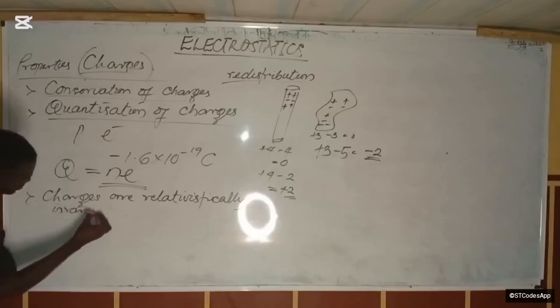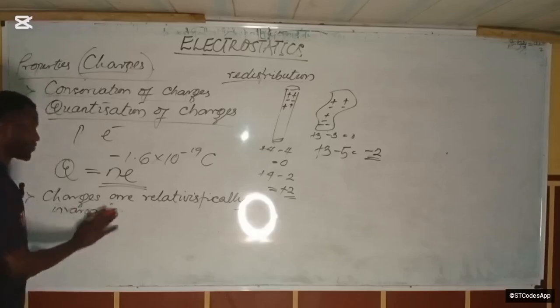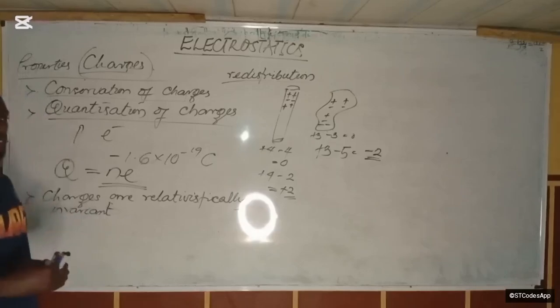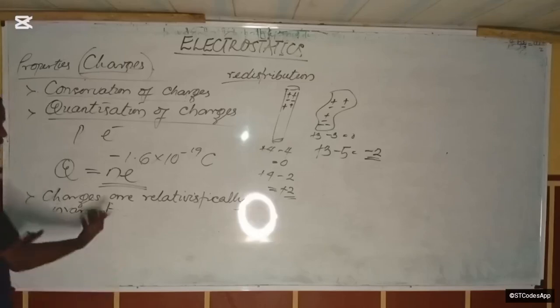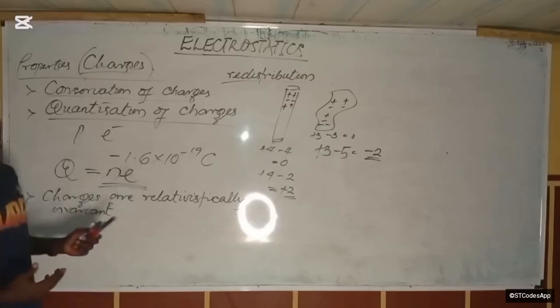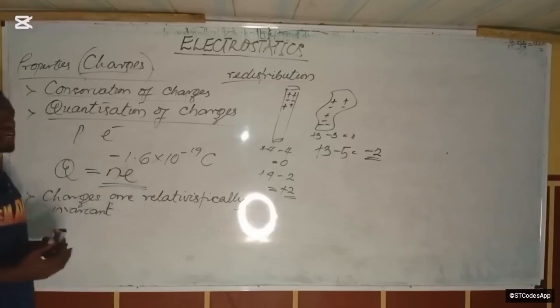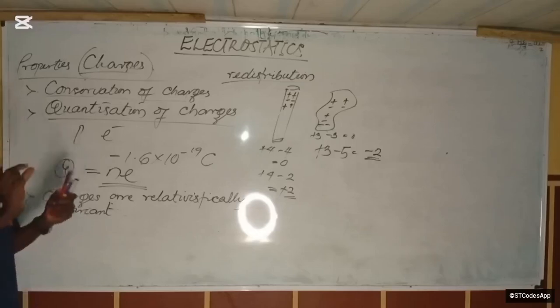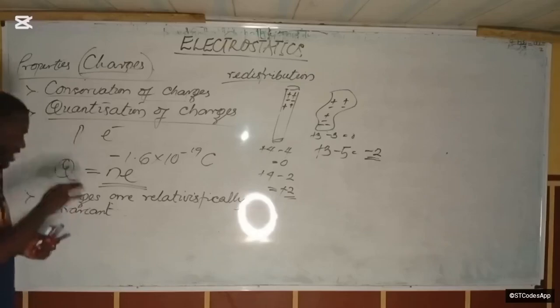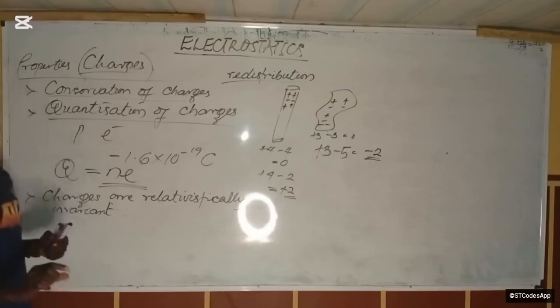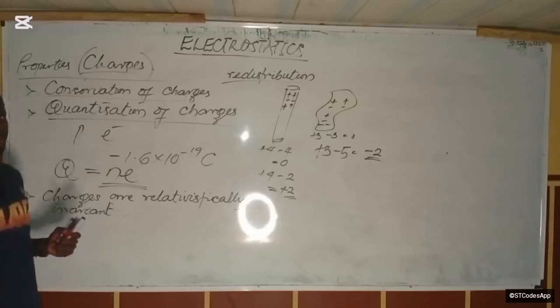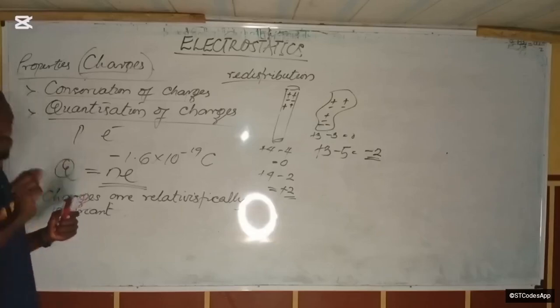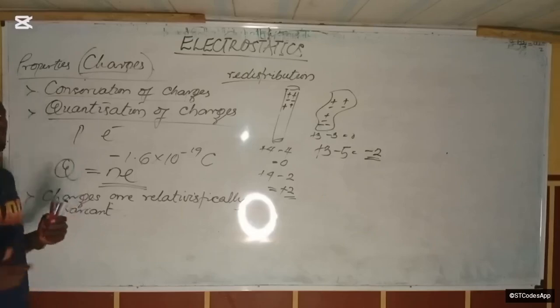I have covered the topic of relativism in a former video, so I'll link that video in the description. What I mean by relativistically invariant is the fact that no matter the scale you are talking about, a charge is positive or negative. Is that clear? Charges don't change at an atomic scale or on the relativistic scale.